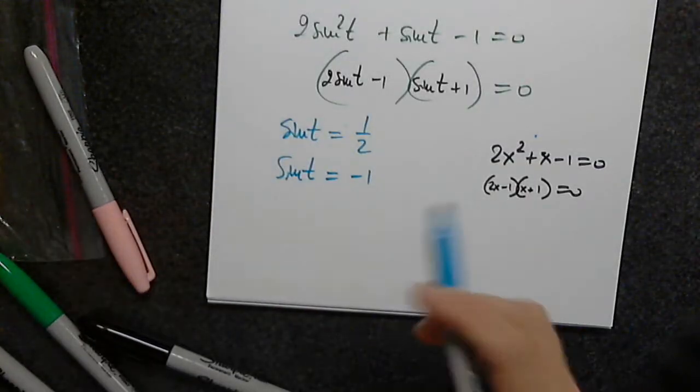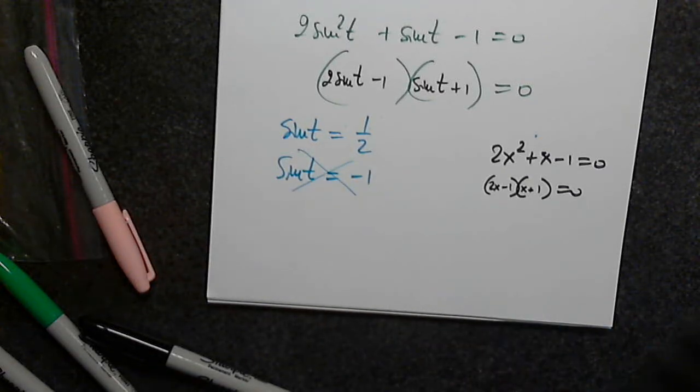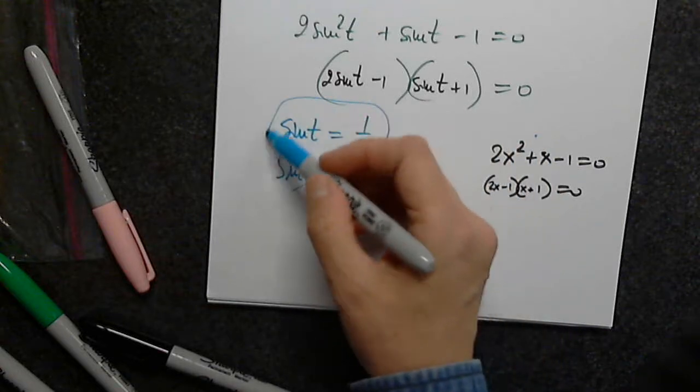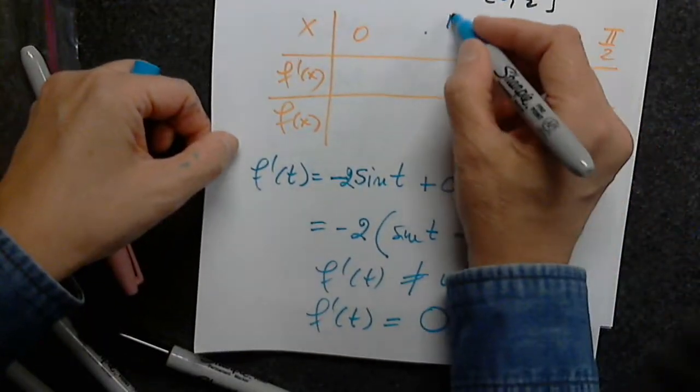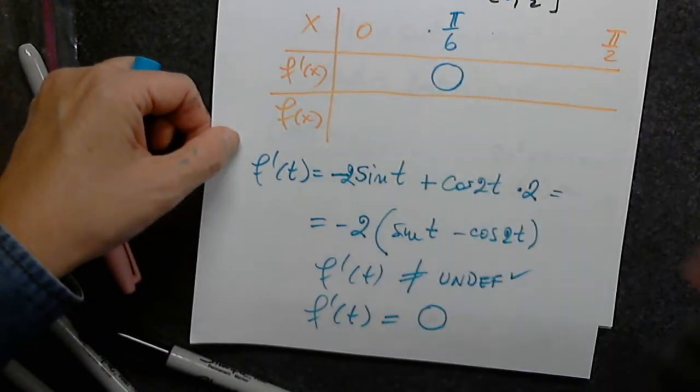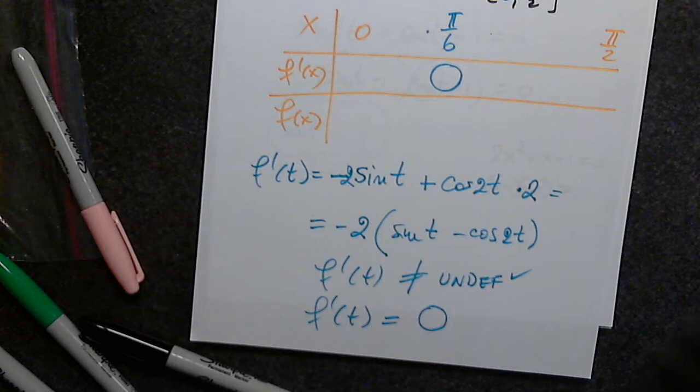So this one does not belong in the table. It's correct, but it doesn't belong in the table. So now what angle has sine 1/2? 30 degrees or pi over 6. Great job. Very good.